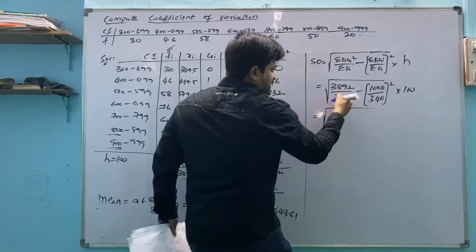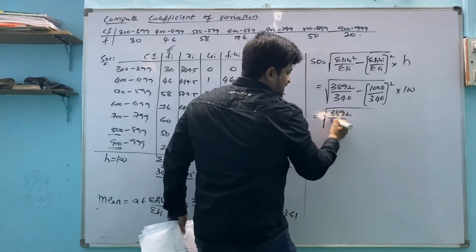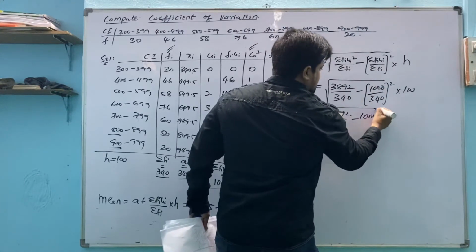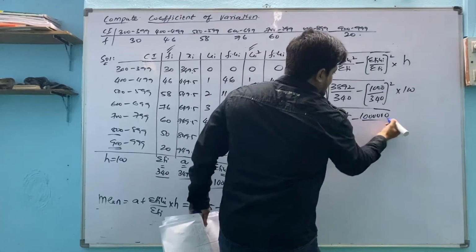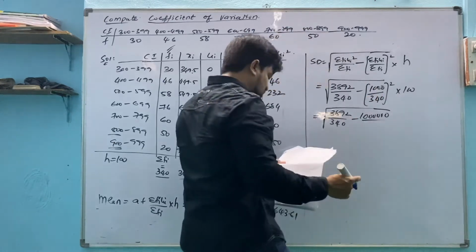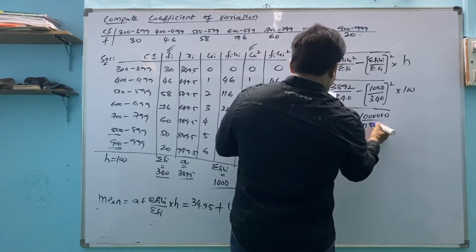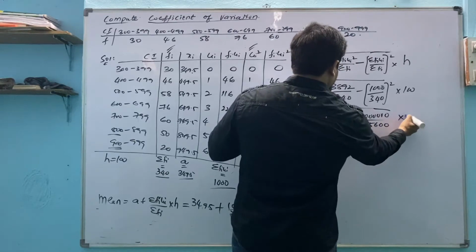What I told you to write, write it as it is first. Now square 1000, that is 10 lakhs, and 340 into 340 is 115600.